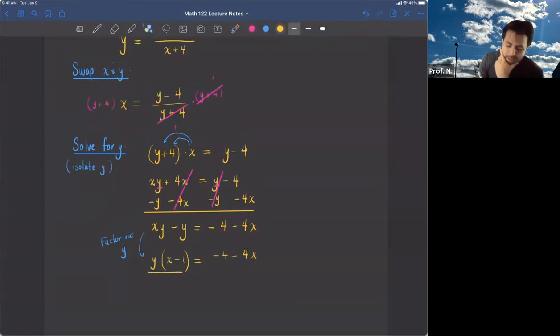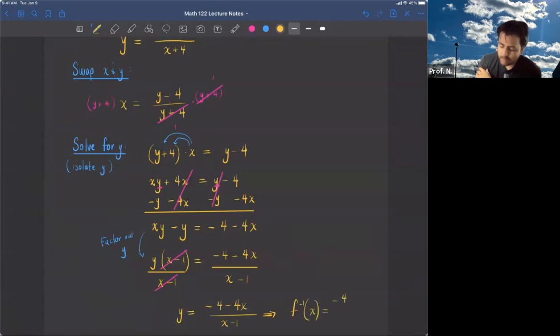So then when I divide out the x minus 1, I get y is equal to negative 4 minus 4x all over x minus 1, or I write it as f inverse of x is equal to negative 4 minus 4x all over x minus 1.